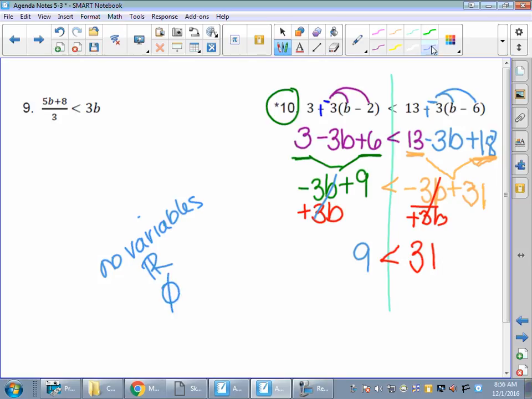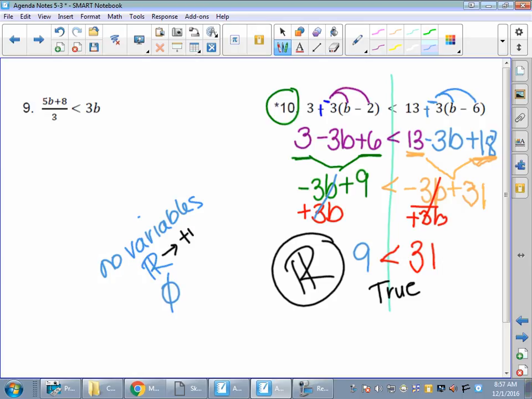In this case, we're going to look to see what we've got left. We've got 9 is less than 31. True statement, right? 9 is less than 31. So since this is true, we know that this solution is any real number. We could put any number in for b, and we would always have a true statement. So all reals is true.